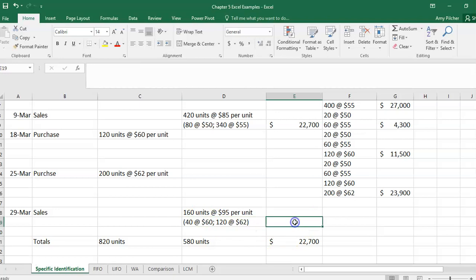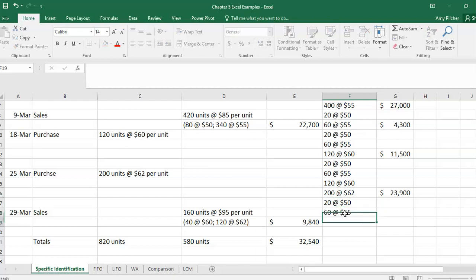So our cost of goods sold for this sale is 40 times 60 plus 120 times 62, or a total of $9,840.